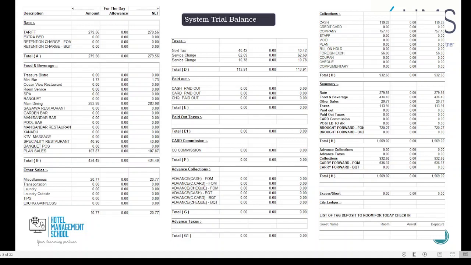So that's the one thing required in the system trial balance. The other thing the system trial balance usually does is to record these into contra accounts, right? For example, the revenue room rate will be recorded in a contra account, where the segmentation will be done, because segmentation is done separately.